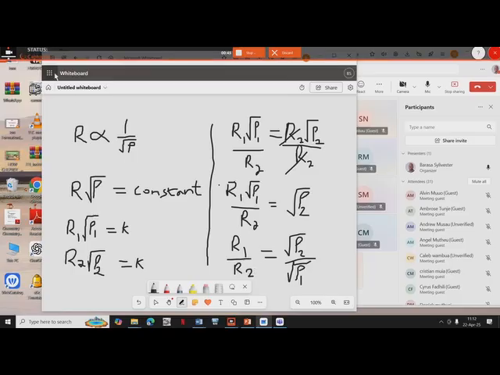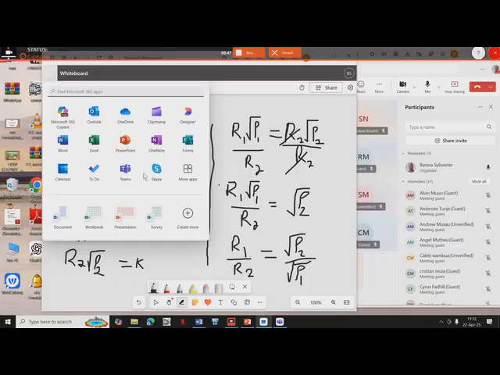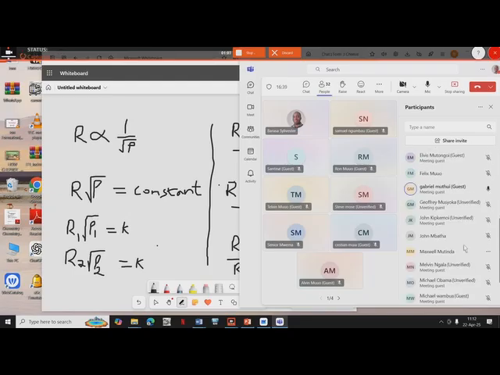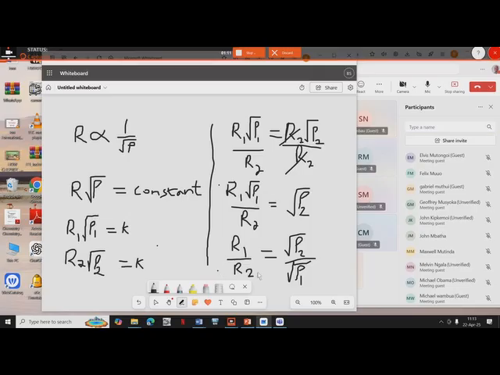R1 is a numerator, the density of gas 1 is a denominator here. Then R2 on the other hand, R2 is a denominator, the density is a numerator. So that's what we mean by they are inversely proportional.